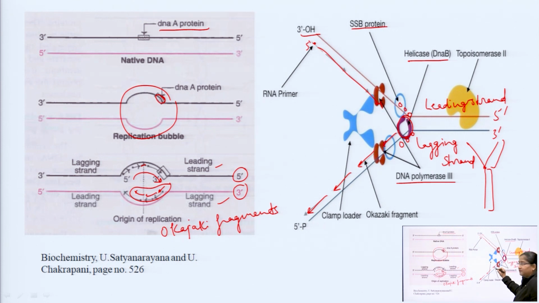Now, as I have told you, these are the Okazaki fragments, the small fragments, and later on they will be joined together. And here the completely zipped part is stabilized by another enzyme, your topoisomerase 2, DNA topoisomerase 2.